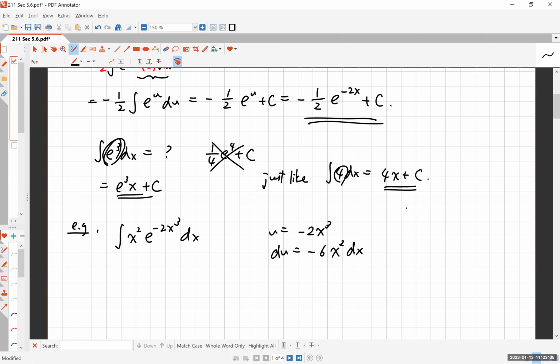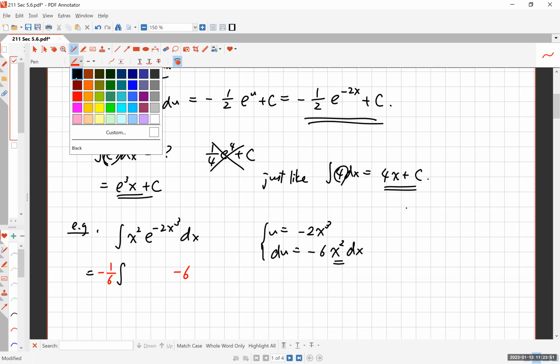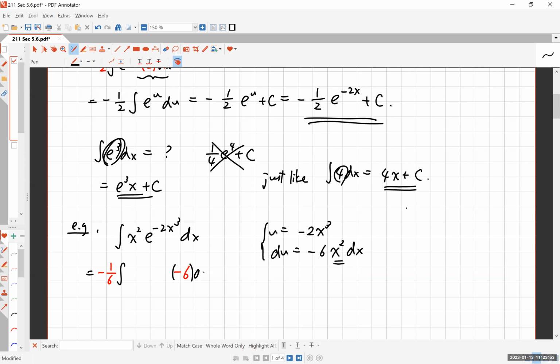Now I don't have to see negative 6, but in order to use this u substitution, I do have to have x squared dx. Do I have that? Of course I do, right? And so I need a negative 1/6 outside, and I need to have negative 6 inside, which is nice because, well, okay, I'm going to have negative 6, and I'll move this over here.